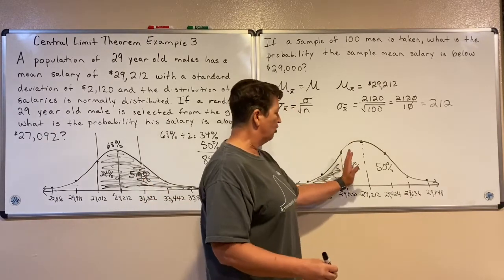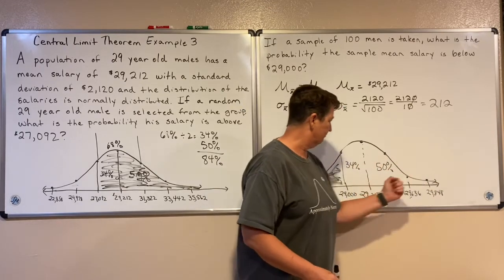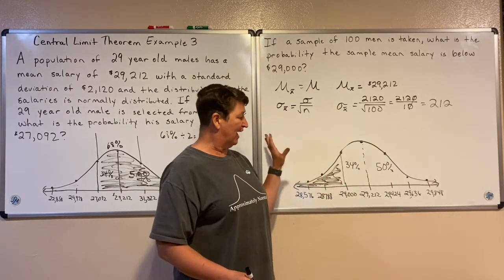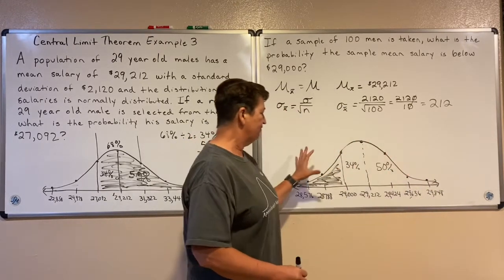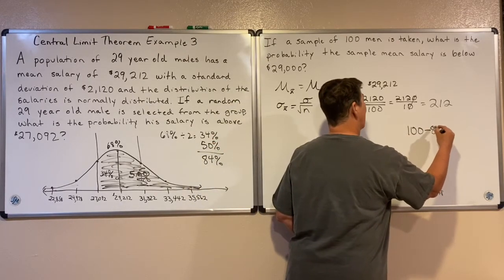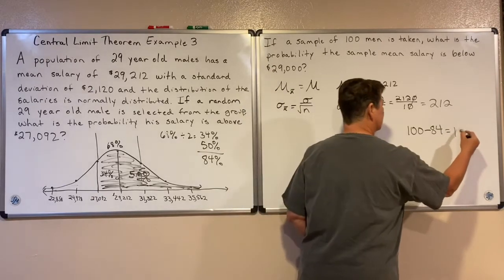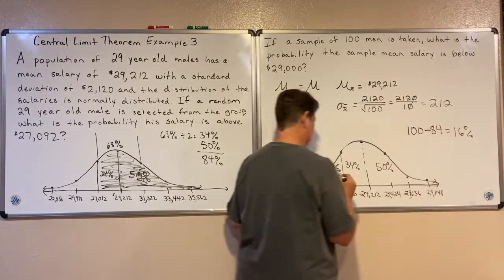And so we know that 84% of my data falls within here. That means that if I take the whole curve, that 100%, and I subtract the 84%, I'm left with 16% in this area.